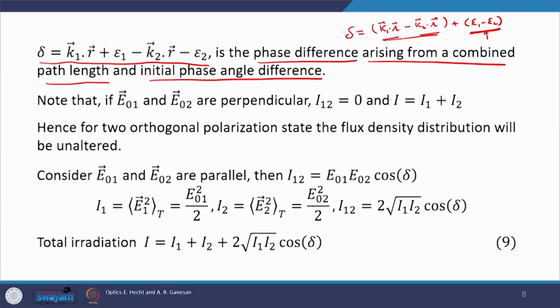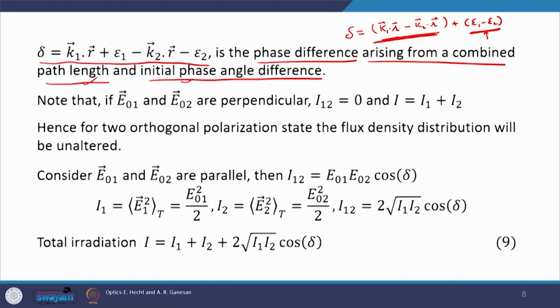Similarly, k2 dot r is the path length travelled by the second wave. The difference is the path length difference between the two waves, and this also contributes to a phase difference. Therefore, we can say that the resultant expression of phase difference has two components, one corresponding to path length difference and the second corresponding to initial phase difference.